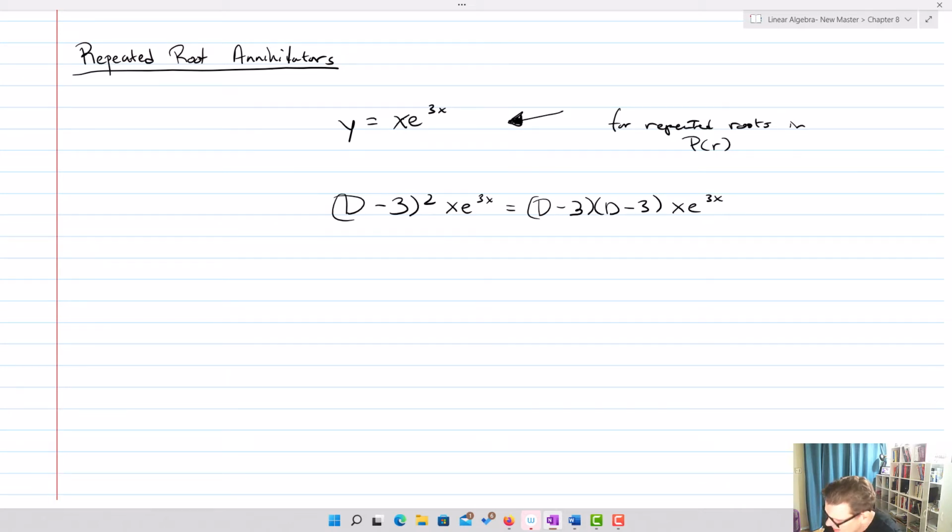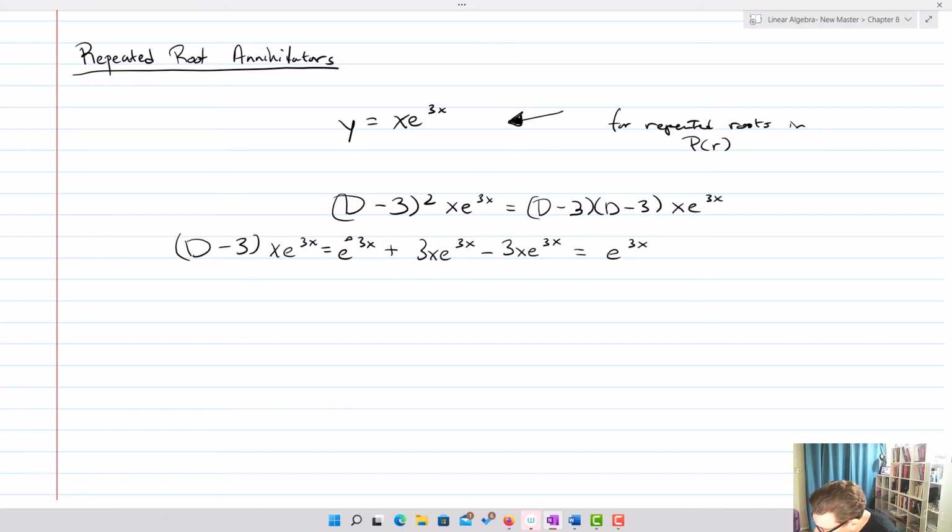The derivative of x e to the 3x is going to end up being e to the 3x plus 3x e to the 3x, minus 3x e to the 3x. And so that ends up equaling e to the 3x. Okay, and so that's just d minus 3 of x e to the 3x.